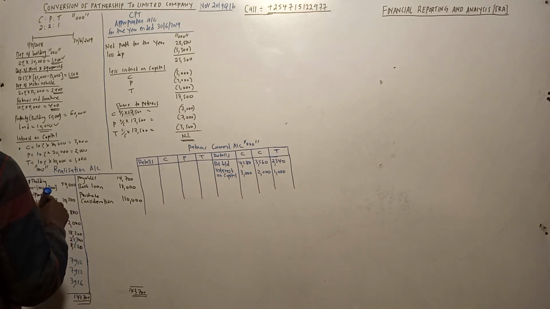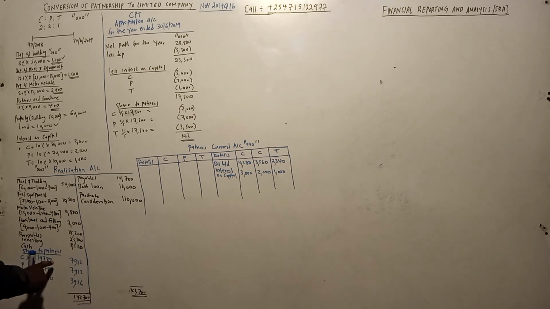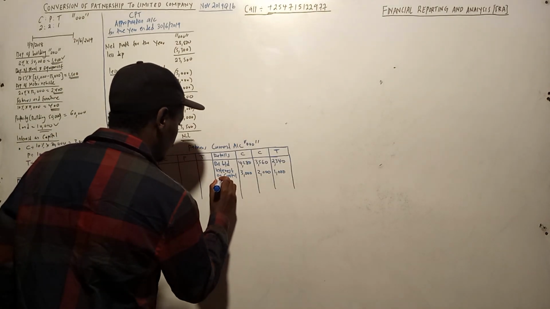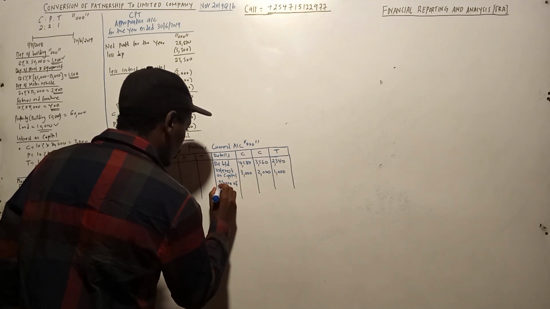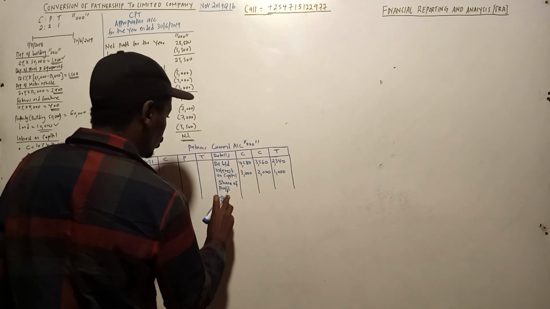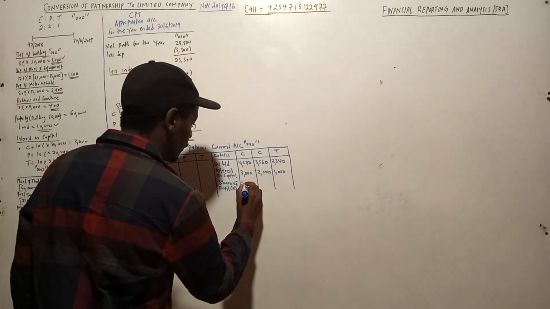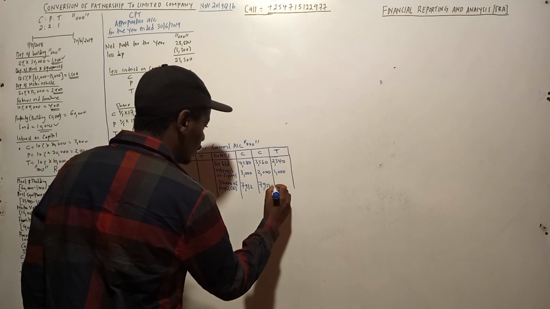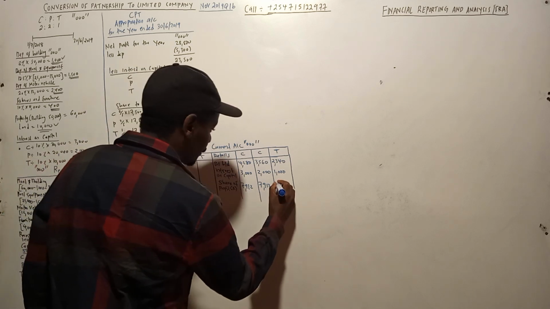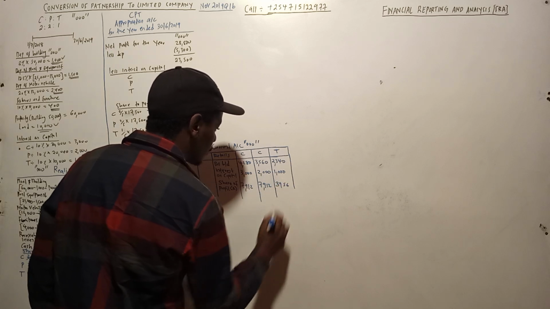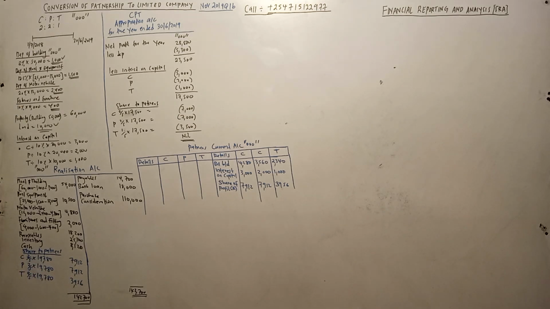Then we share the profit. Share of profit from the realization: 7,912, 7,912, and 3,956.